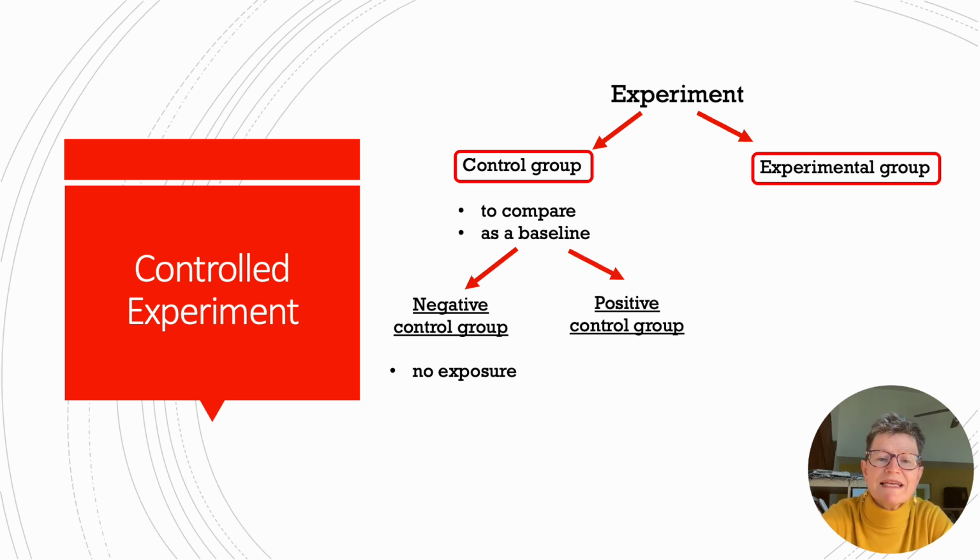The other control is the positive control. Positive means it has something, so we have to start from that point. This group receives a treatment with a known and expected outcome. For another experiment, for example, to see how different lights, such as red, blue, or green light, affect the growth of a plant compared to a white light or natural light, we use a positive control when the plant receives natural white light.